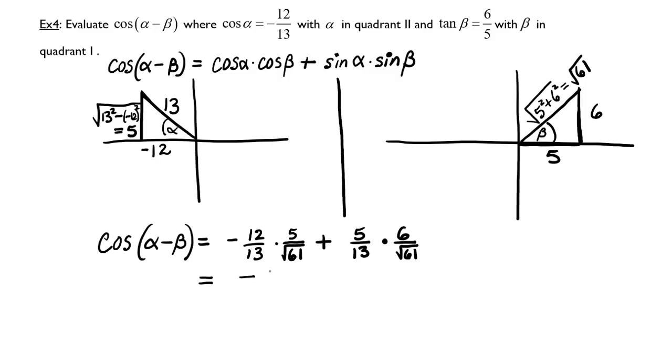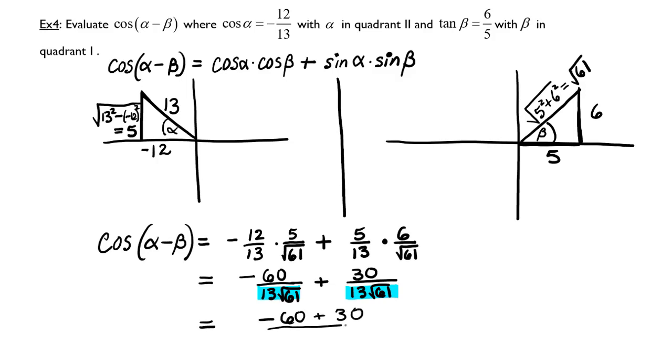The first one will be negative 60 over 13 root 61, plus 5 times 6 is 30 over 13 times root 61. Notice that the denominators match, which is convenient. I'll take anything at this point. That gives me negative 60 plus 30 all over 13 root 61.